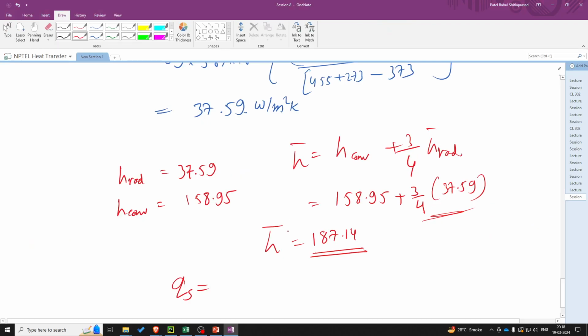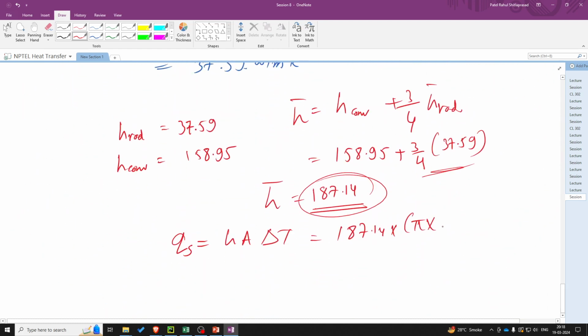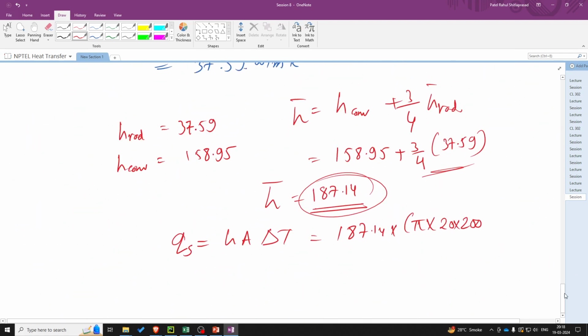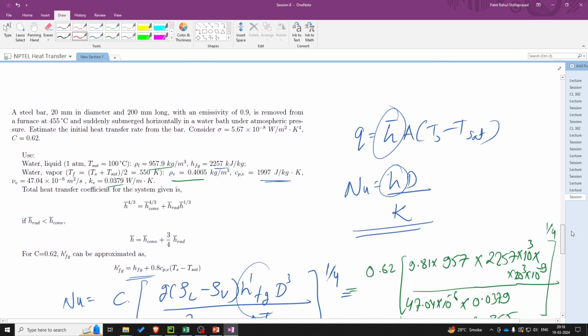So yes, you have been asked to find the heat transfer rate. So it will become hA delta T. So you can use this h over here, 187.14 into pi into diameter, which is 20 mm, and 200 mm is the length. In meter it will be 10 raised to minus 6. Delta T is 455 minus 100.